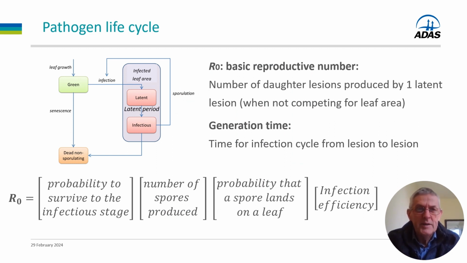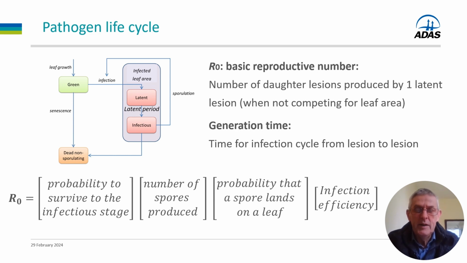So the key things that determine the outcome are R0, the basic reproductive number, which is the number of daughter lesions produced by one latent lesion when that lesion is not competing with loads of other disease for leaf area. And we heard, unfortunately, an awful lot about this idea of R during the COVID pandemic, and it's the same principle here.